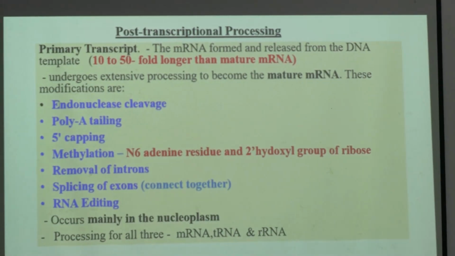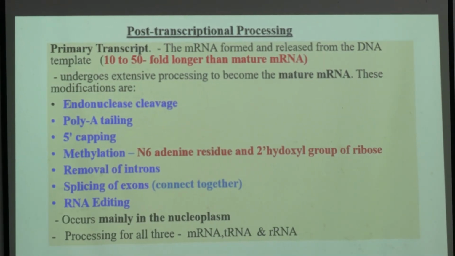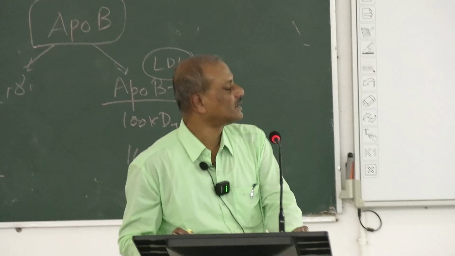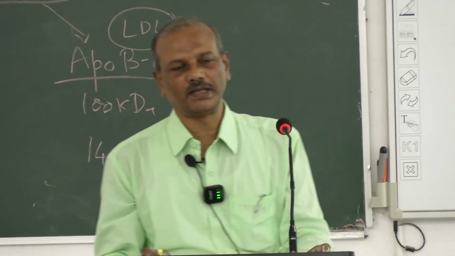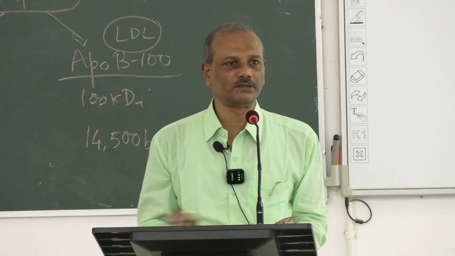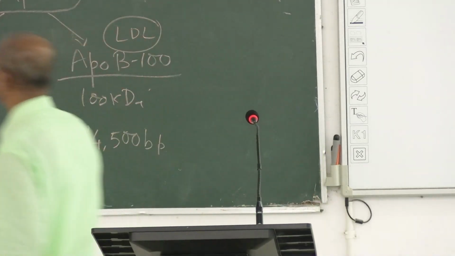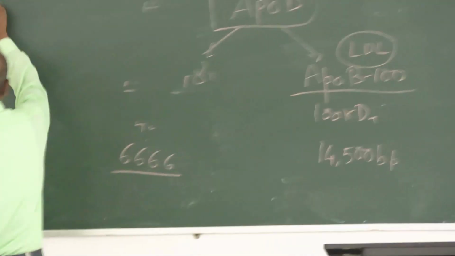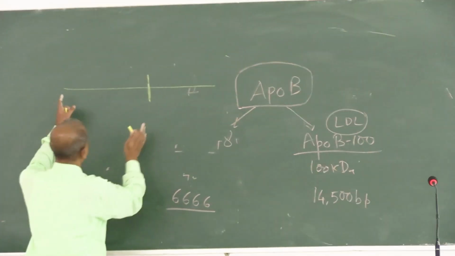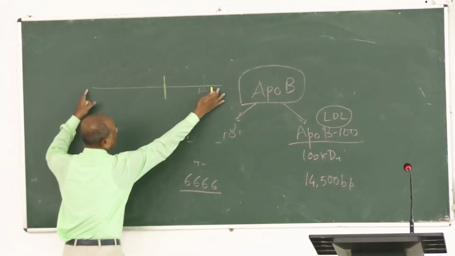Post-transcriptional modification. Basically, the primary transcript is a large structure, about 10 to 50 fold larger, so that structure needs to be shortened somehow. That is done by endonuclease cleavage. Endonuclease means, as I told you yesterday, any enzyme which cleaves anywhere in the sequence except the two ends.